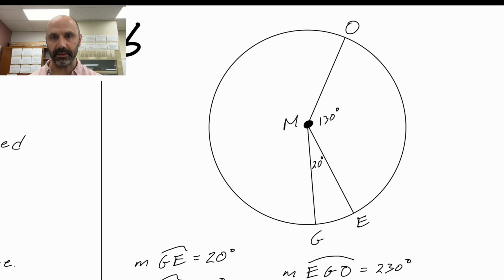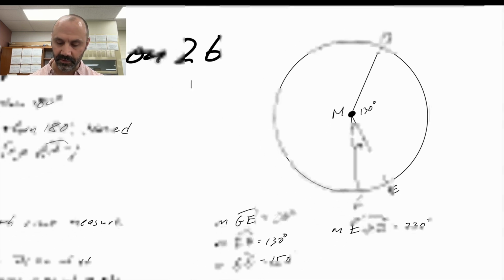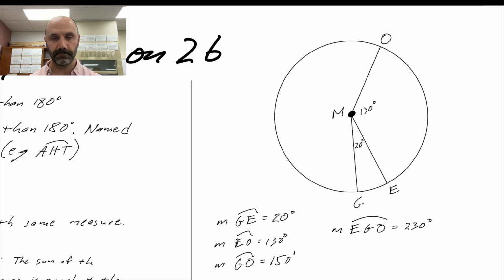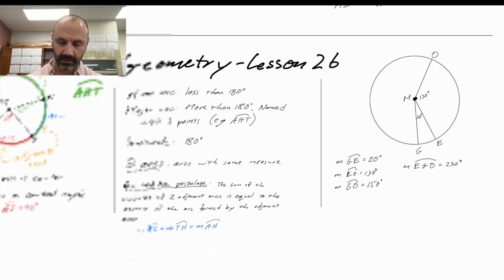So 360 minus 130, if I'm doing this arithmetic right in my head, comes out to 230 degrees. Just a little bit of practice, some naming. New things: central angle, arc, minor arc, major arc, semicircle, and then the arc addition postulate, and how we notate all of that, because it all matters.